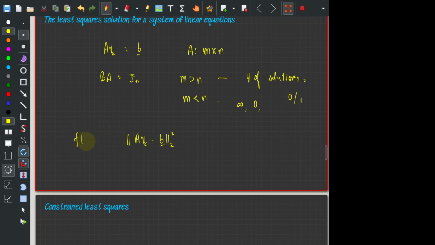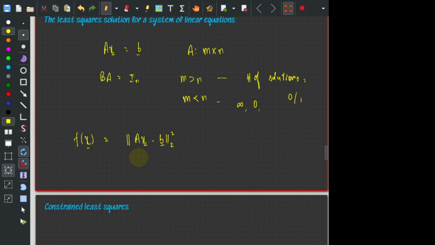So now I have this objective function f of x, and I want to minimize it. Do I have any constraints? You don't necessarily have to impose any constraints.